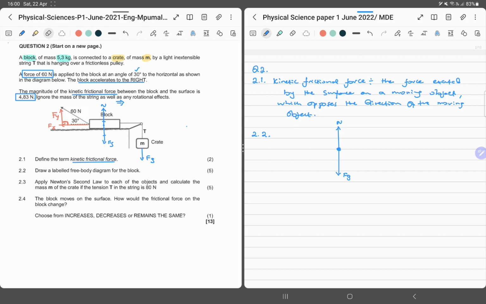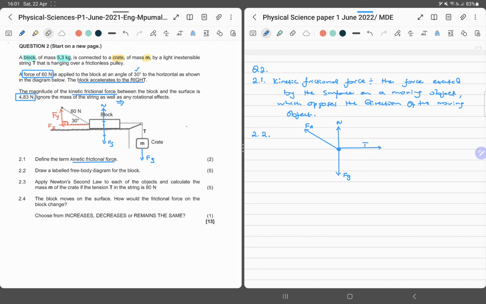And then we know that the tension is going to go in this direction. Okay, and we know that force is going to go in that way, which is the applied force. We can just say FA.